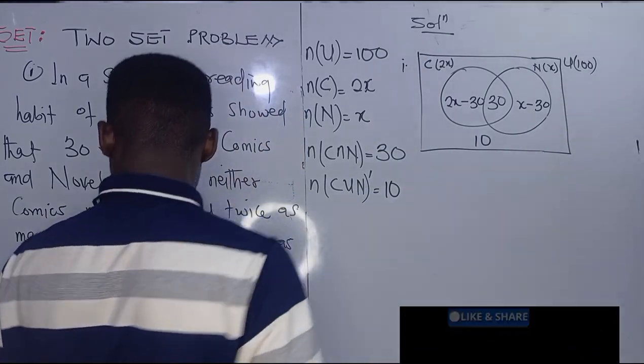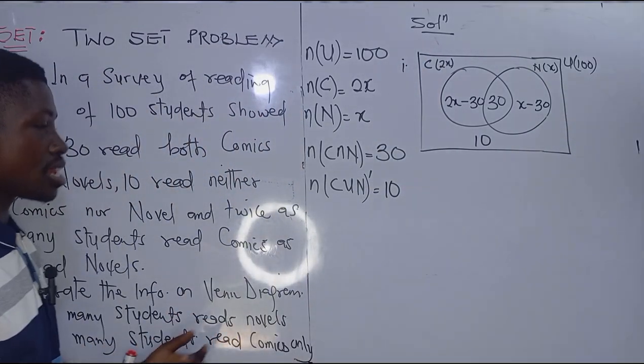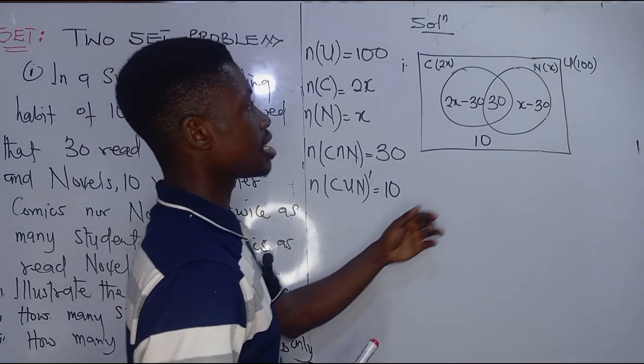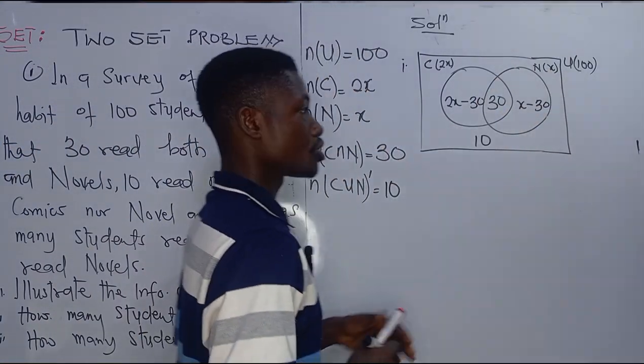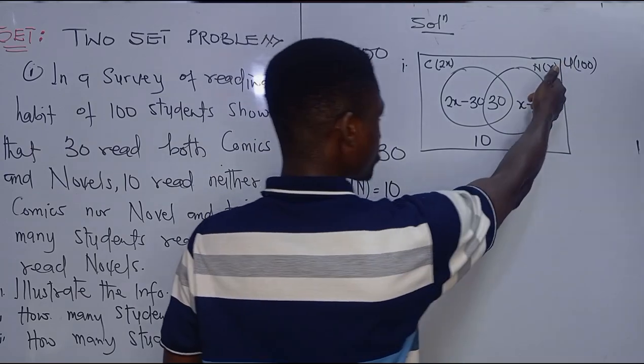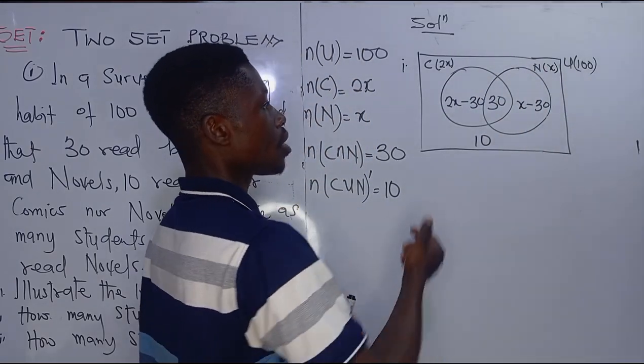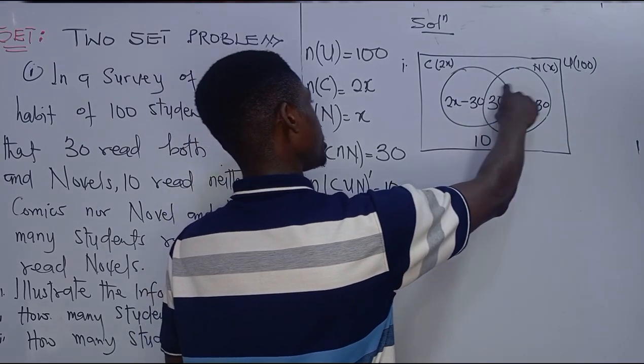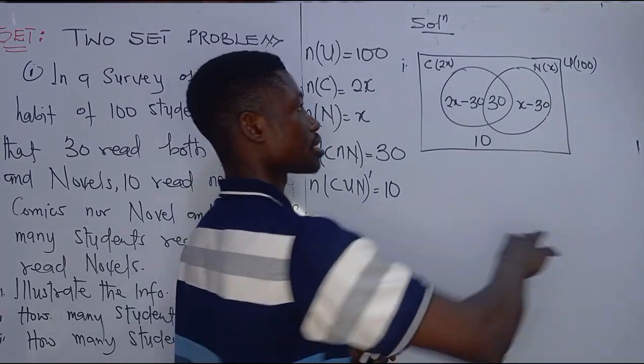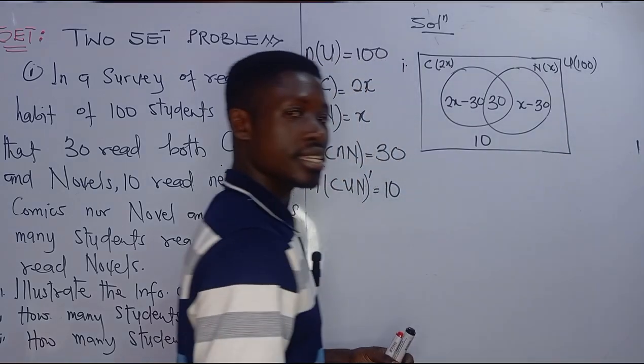Now the next question says, how many students read novels? Before we can find the novels, which is x, what we are going to do is sum all the regions together and equate it to the number of students in the class.